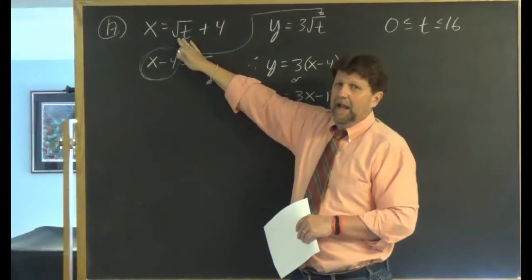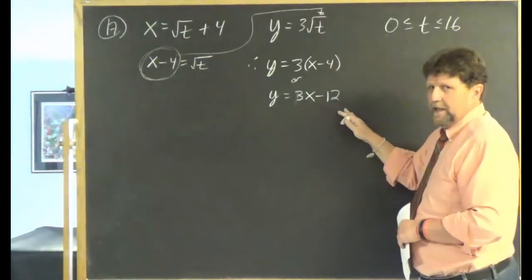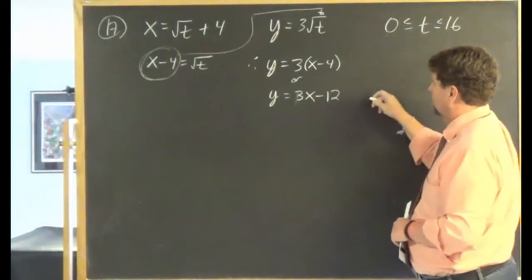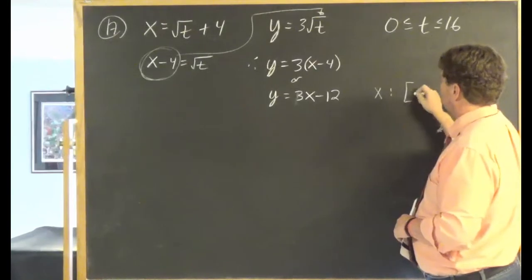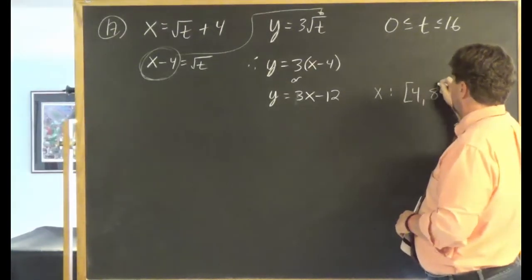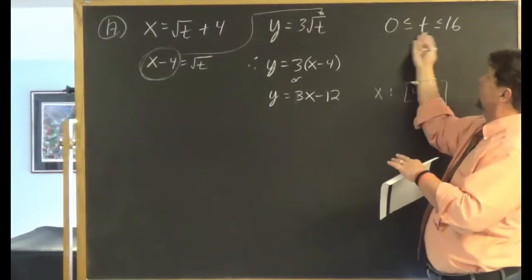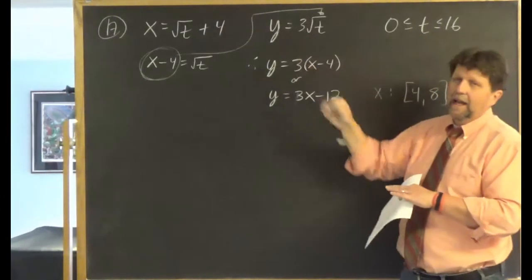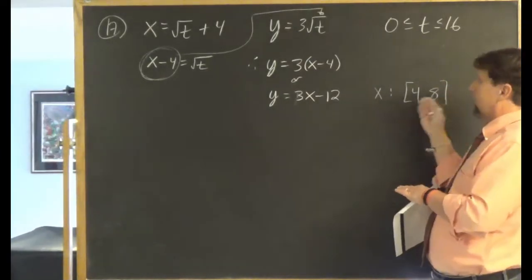That's going to give me an 8. So I'm looking at this rectangular equation on the interval where x goes only from 4 to 8. Because on the t interval, 0 to 16, x can't take on any other values. x is always going to be somewhere between 4 and 8.